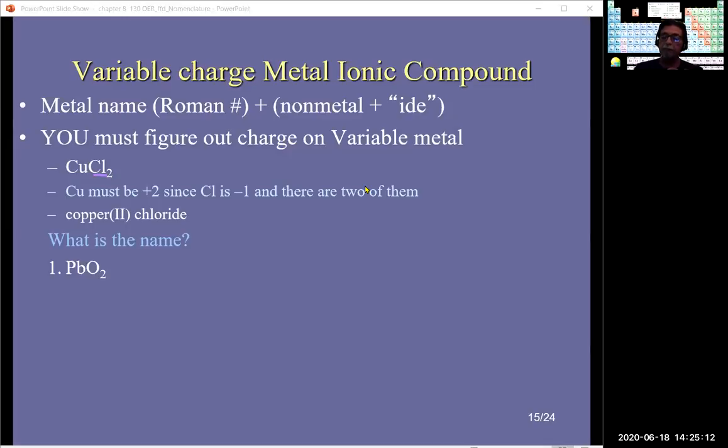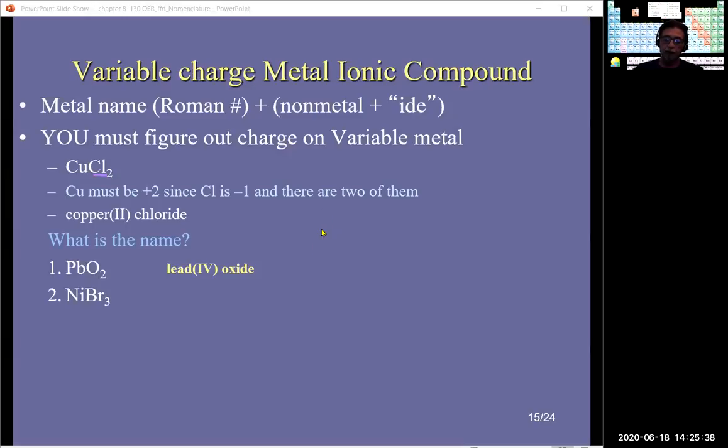So lead must be a +4. And so we use a Roman numeral, the name lead, parentheses IV. And do put those in caps, which IV is 4. So the name is lead 4 oxide.